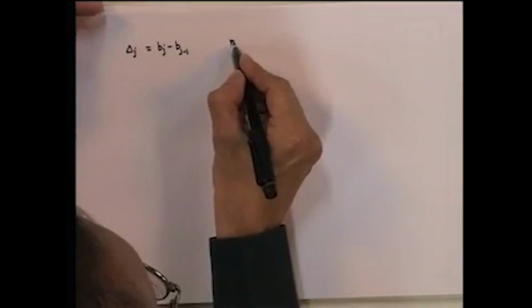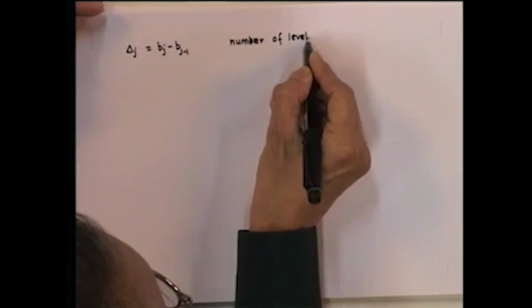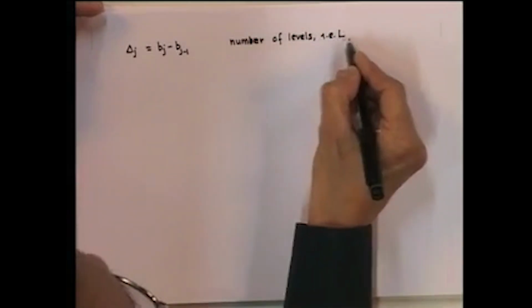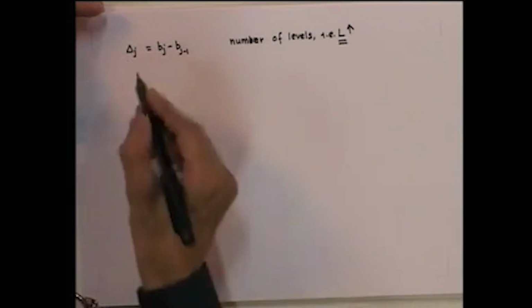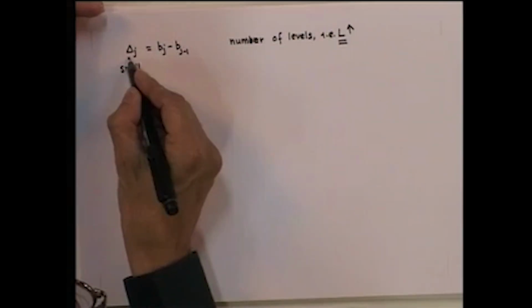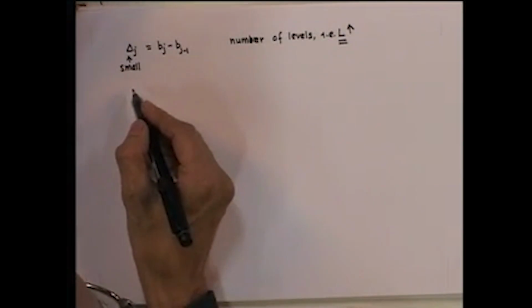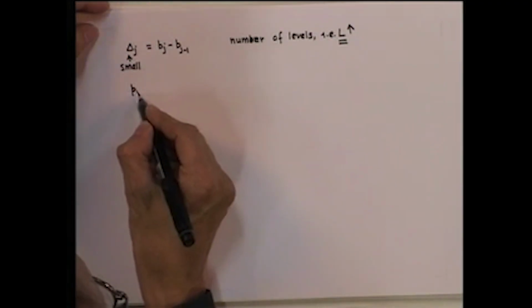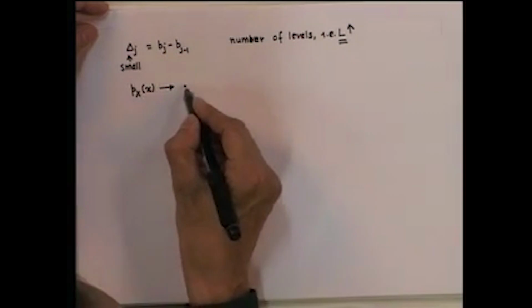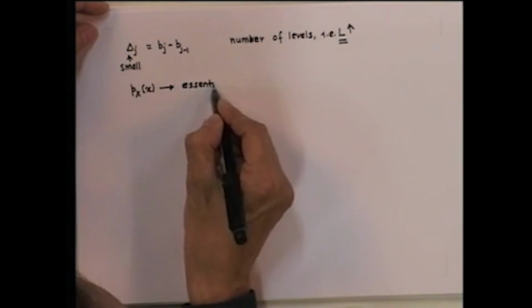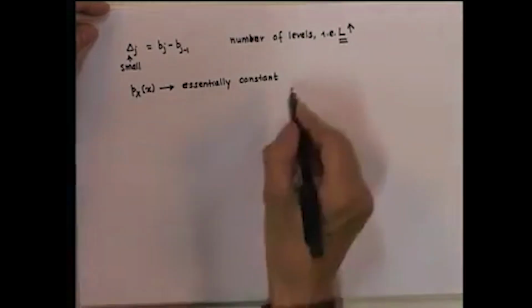Now, if we assume that the number of quantization levels, that is L, is high enough, then the size of each quantization interval will be small, and therefore, it would be quite reasonable to assume that the PDF of the input, that is given by p(x), will be essentially constant in each quantization interval.